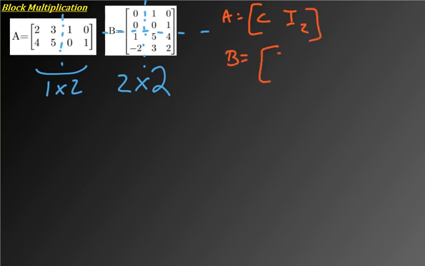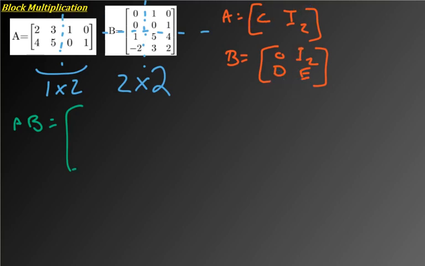B is a 0, and I2, and then I'm going to just do D and E. D being the 1, negative 2 matrix. And then I can just do matrix multiplication. So I can do this row times this column, and then this row times this column, right?